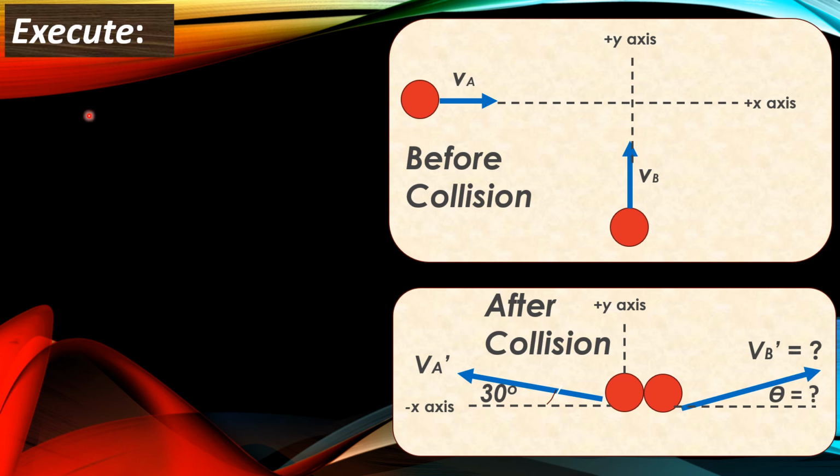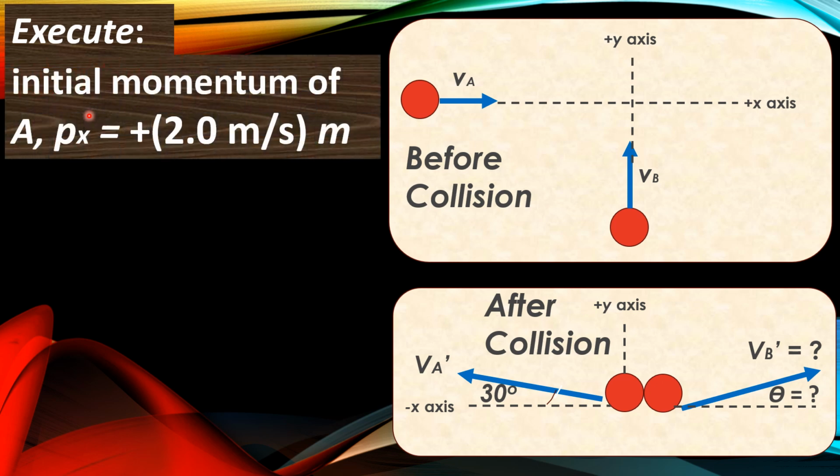Just before the collision, the momentum of particle A along the x-axis is expressed as p sub x equals positive 2.0 meters per second times its mass, small letter m.